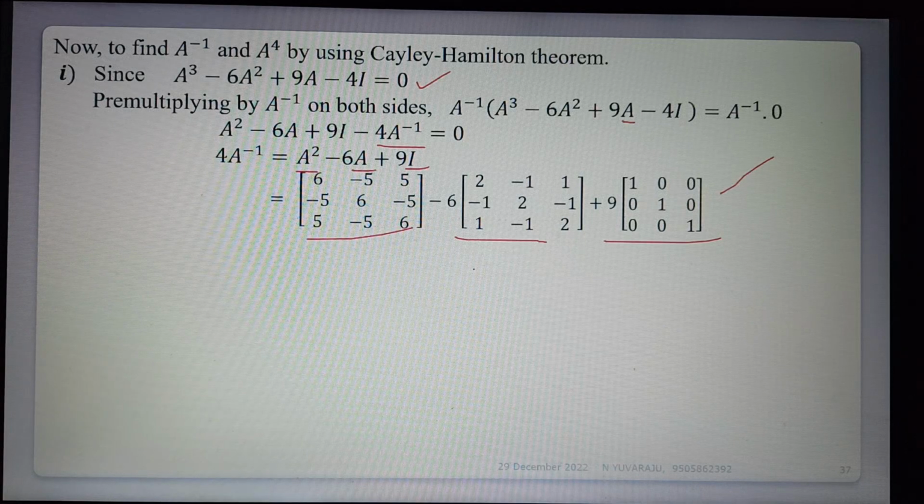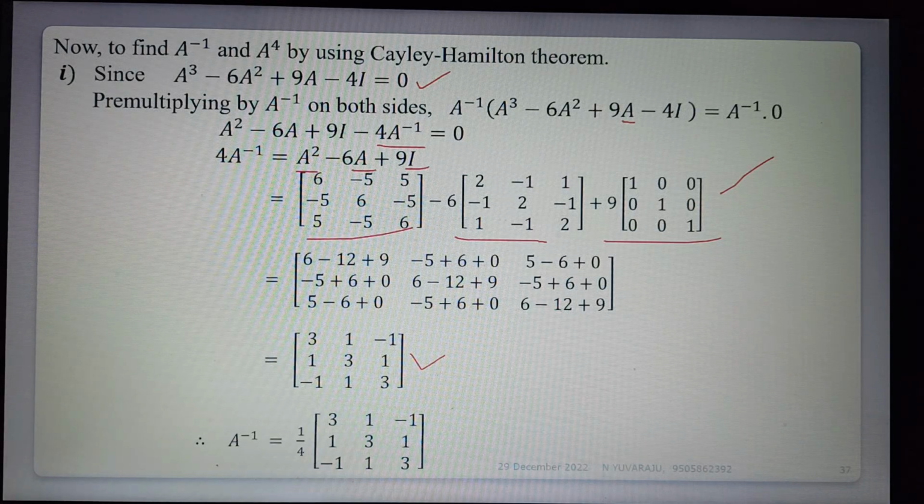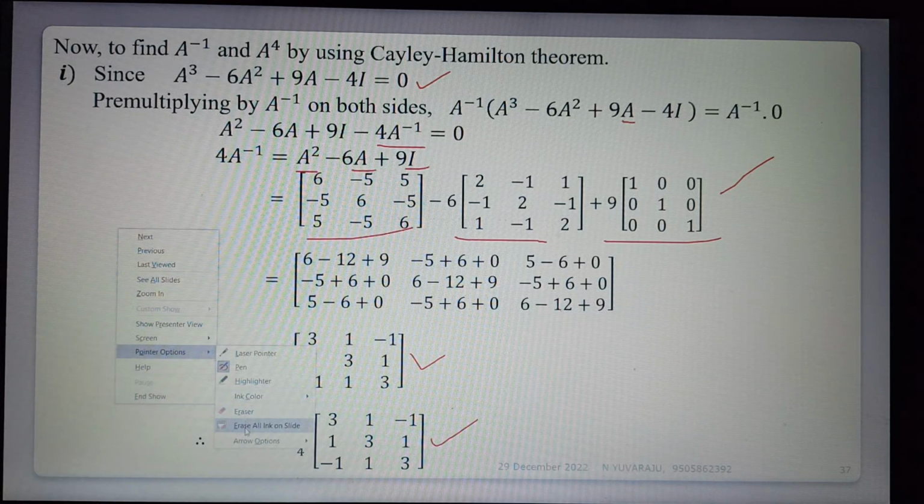Now simplifying this, so this is 4 into A inverse. We require A inverse, so 4 goes to the right side. So A inverse is equal to 1 by 4 into the matrix 3 1 minus 1, 1 3 1, minus 1 1 3. So this is the A inverse of the given matrix by using the Cayley-Hamilton theorem.